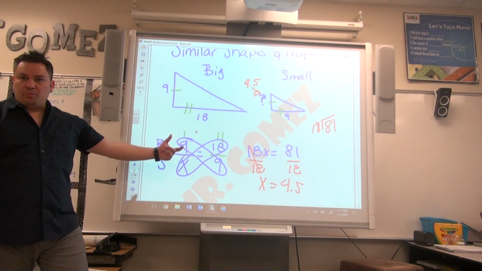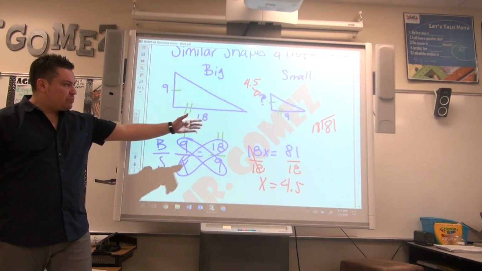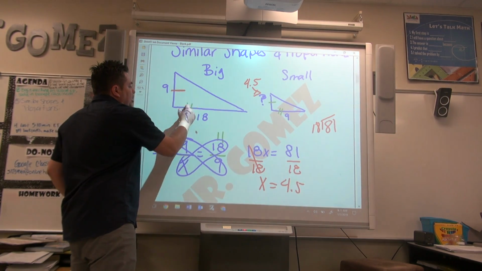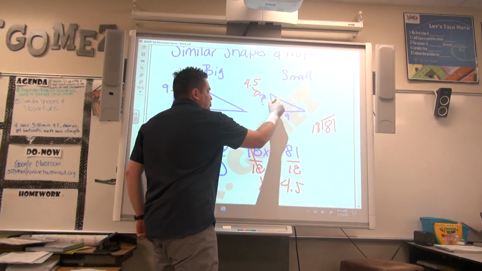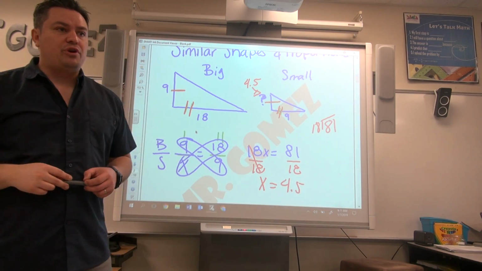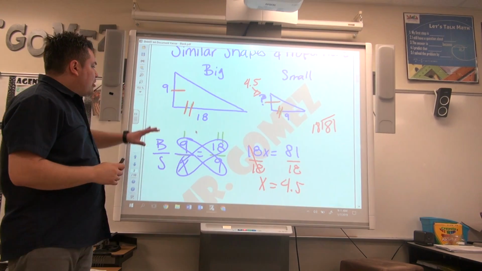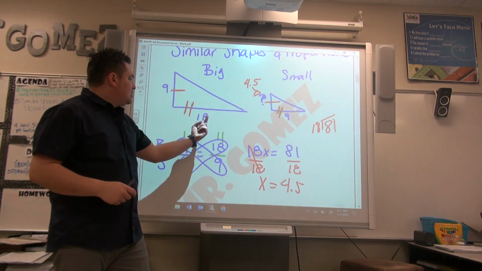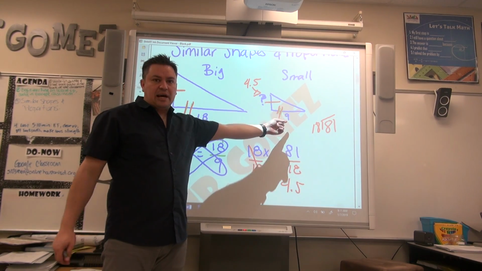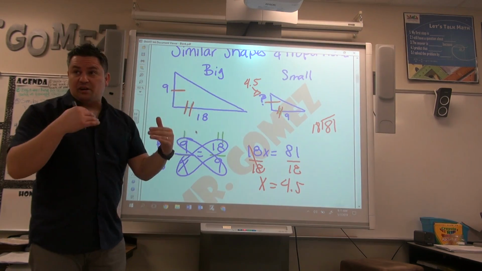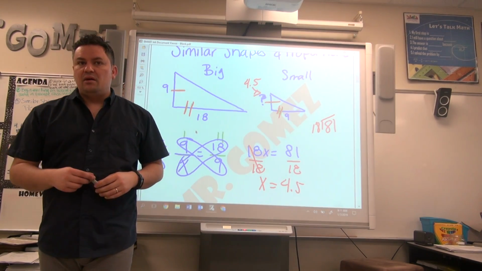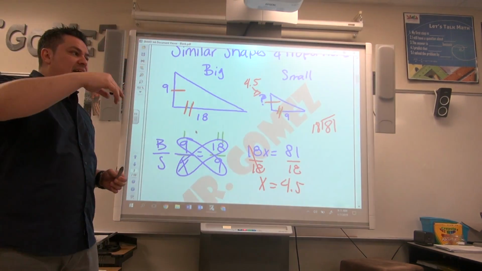Again, you set up your proportion, big over small, 1 tick mark, 2 tick marks. This is really important. It's critical for you to mark your tick marks to the corresponding sides. It's crucial for you to do that. Now, in this case, 18 and 9 are halves, right? 18 divided by 2 is 9, so they're proportional. 9 divided by 2 is 4.5, so you can actually see it like that too.